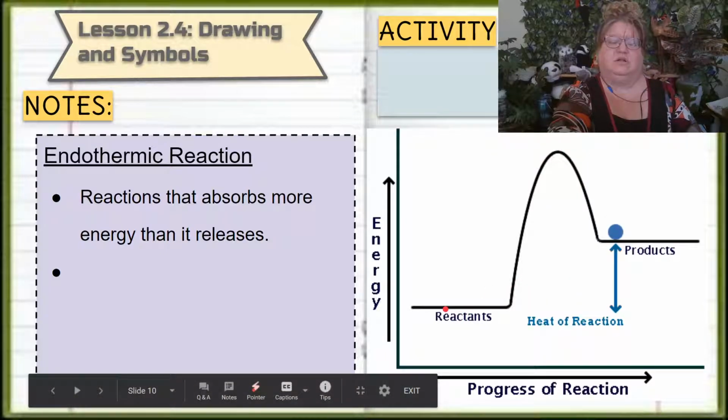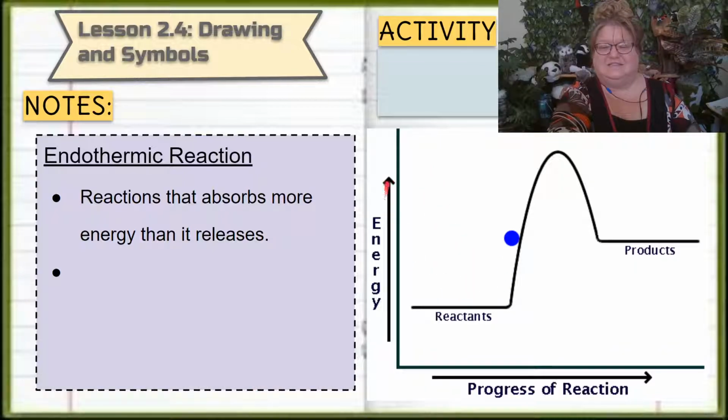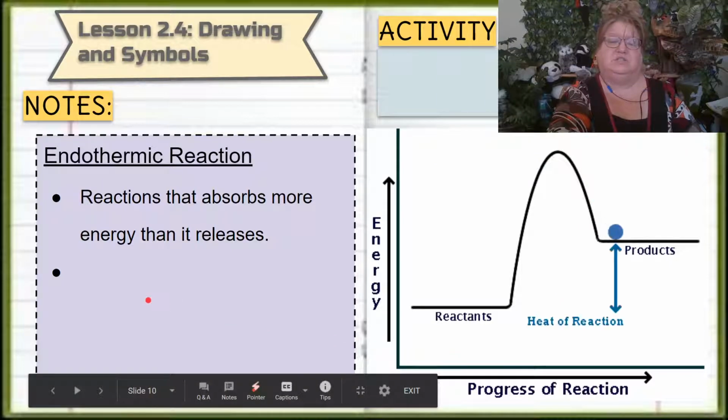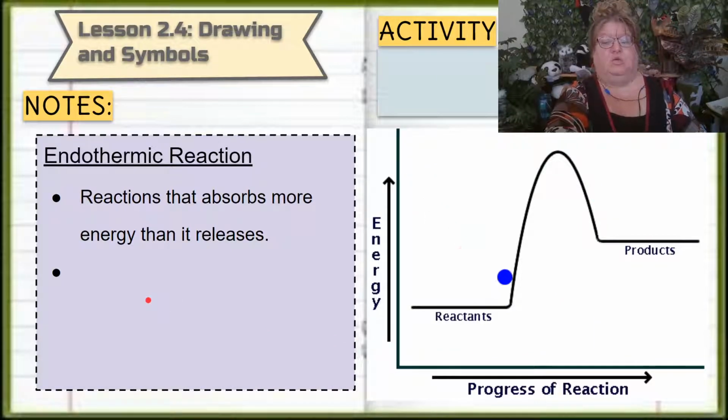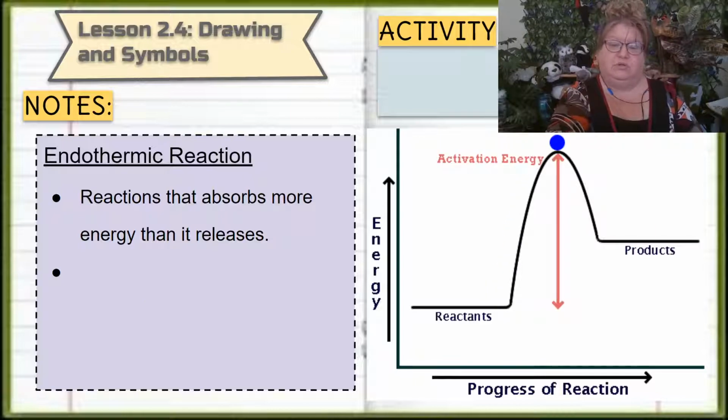So notice in our GIF or whatever, the reactants are absorbing energy and then they have to overcome the activation energy, that amount of energy needed. It goes boom, it has to go up, and then to the products. So these reactions absorb energy.